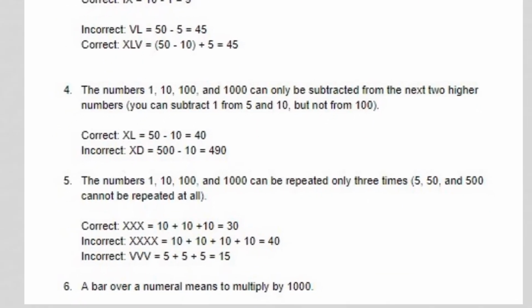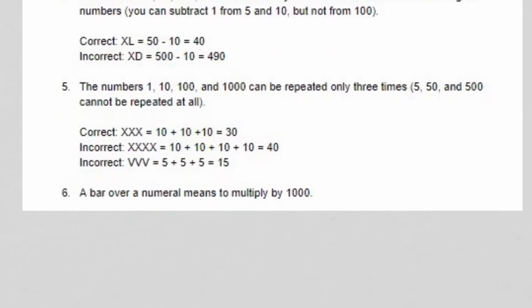So here are some correct and incorrect examples. You can subtract 10 from L, or X from L, which is taking 10 away from 50. That'll give you 40. But you cannot put an X in front of a D because this is too far out, to try to get 490. All right, so that's what number 4 is about.